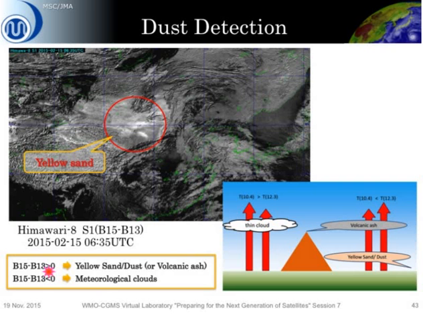By seeing the difference of the brightness temperature of band 15 and 13, you can distinguish yellow sand, dust, or volcanic ash from meteorological clouds. This image shows the Himawari-8 brightness temperature difference image, and here is the yellow sand.